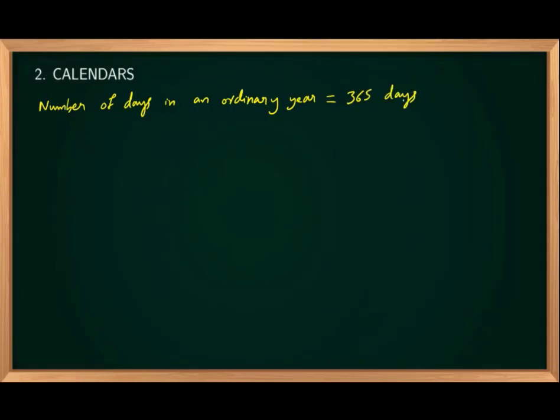Ordinary year means not a leap year, that's the meaning. Then next, number of days in a leap year, 366 days. That means in February 29 days will be there. Okay.